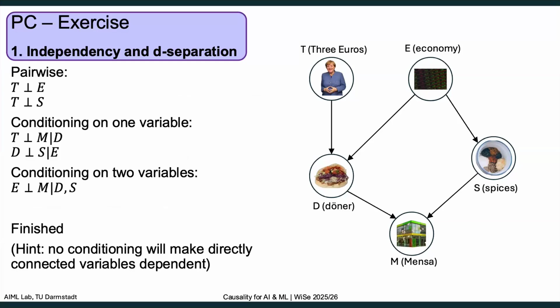So what we see is that if we don't condition on anything, T and E are unconditionally independent, same for T and S, because they are not confounded by anything. And since we don't condition on any variable, none of the colliders opens the path, so the same holds for T and M, and D and E, D and S, given once D and once E. I think this is what we have seen in the second and maybe third lecture.